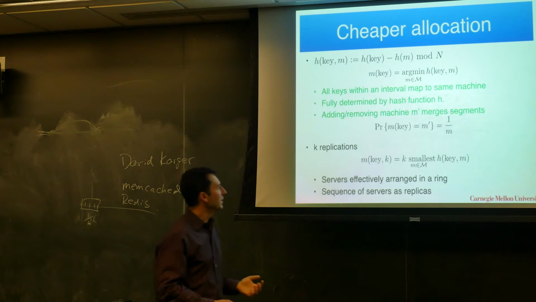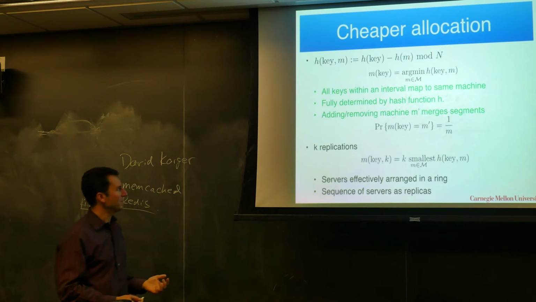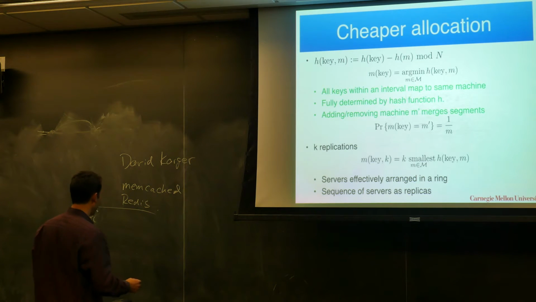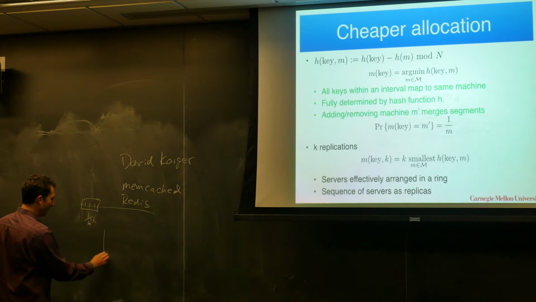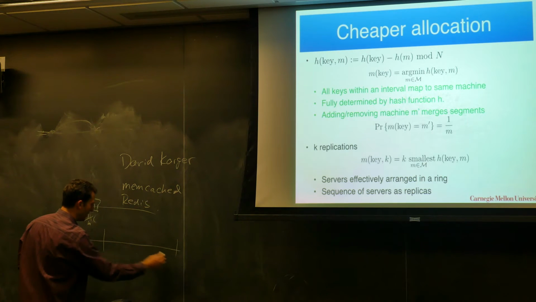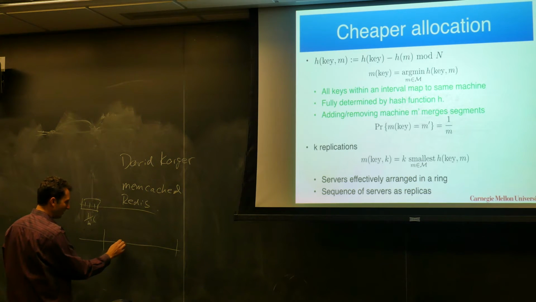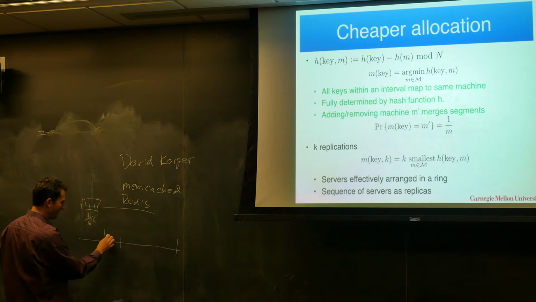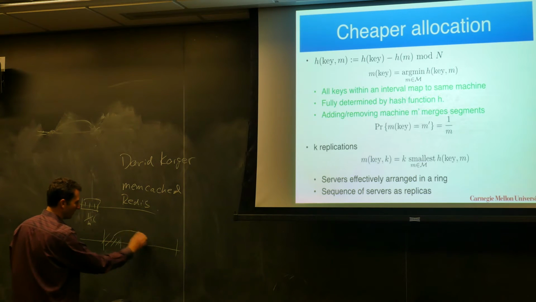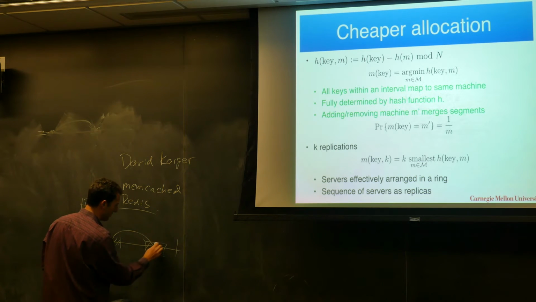Okay? So what happens now? What happens is that for any given machine, the set of keys is essentially just offset depending on which machine I use.